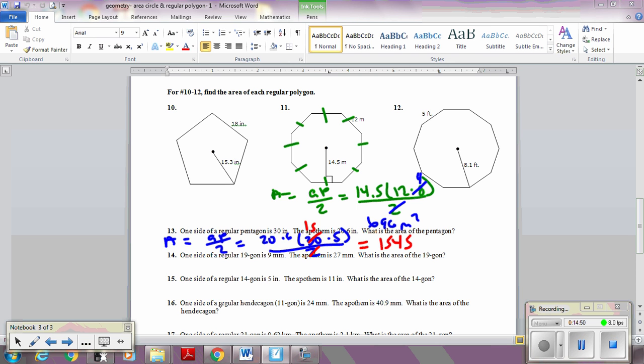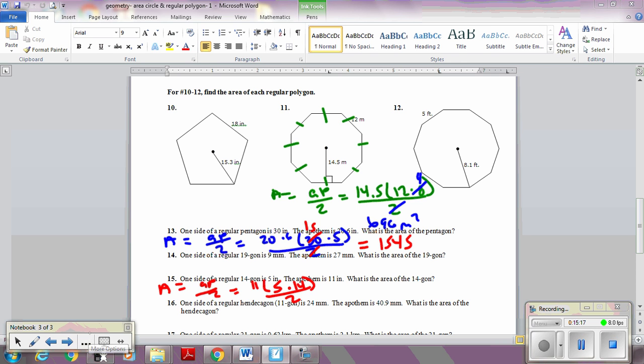Number 15 says one side of a regular 14-gon is 5 inches. The apothem is 11. Find the area. So area is apothem perimeter divided by 2. The apothem is 11. The perimeter is found by taking the 5 times 14 because it's a 14-sided figure, and all that divided by 2.